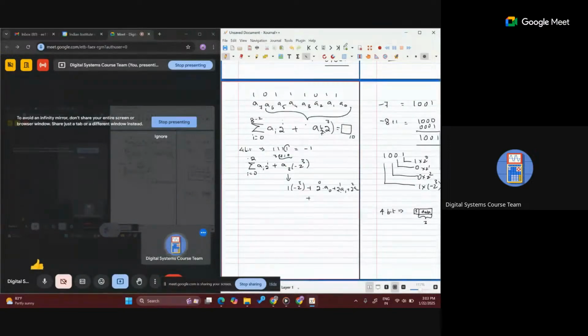A0 is 1, and 2 to the power 0 is 1, so 1 times 1 is 1. Plus 2 times A1, and A1 is also 1. Plus 4 times A2, and A2 is also 1 here.